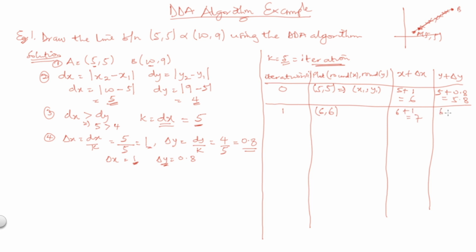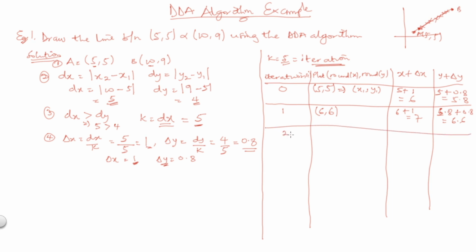Also we would have 5.8 plus 0.8, and that will make 6.6. All right, so that is iteration 1.